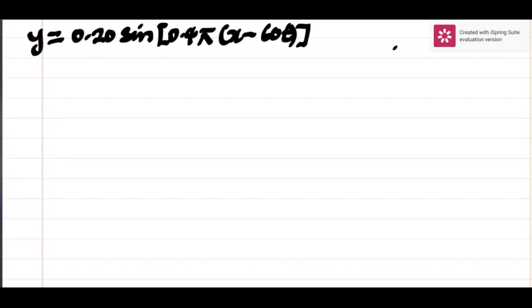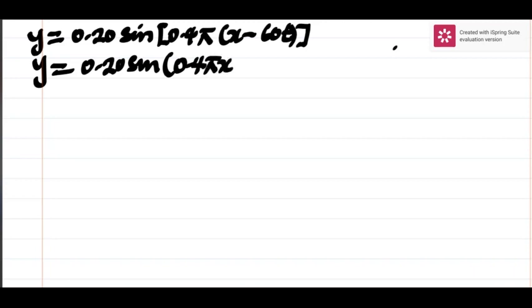We'll have to open the bracket to make it easier to work with. 0.20 sin(0.4π times x will give us 0.4πx, minus 0.4π times 60t will give us 24πt). Let's call this equation 1.